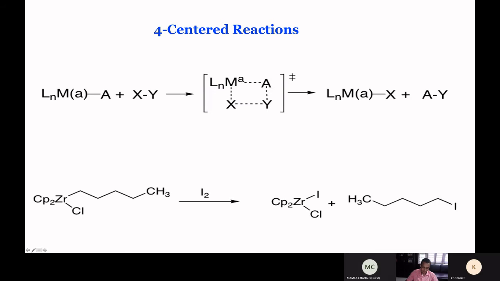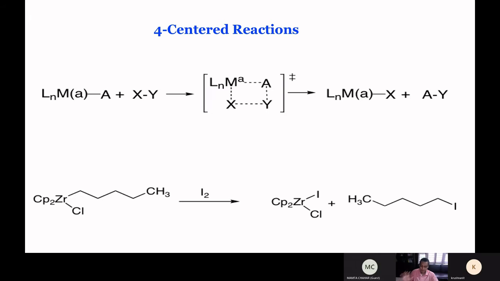Of course this metal is not possible, but if a suitable metal was there, oxidative addition into iodine would have been possible. And from there, one of the iodides and this partner would undergo reductive elimination. You could have had an iodide here and an iodide here. This iodide could have gone with this one to give the alkyl iodide, and the other iodide which was here would give you this compound. So oxidative addition and reductive elimination would have given you these two compounds anyway.